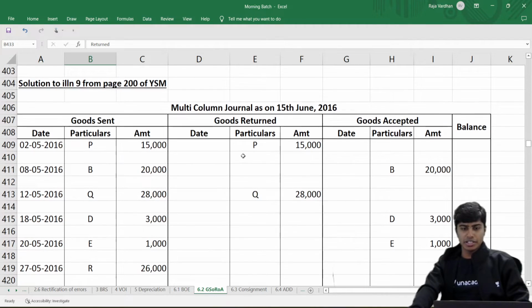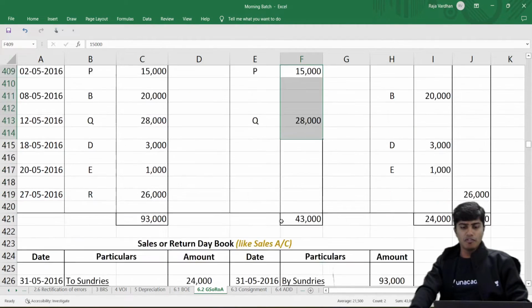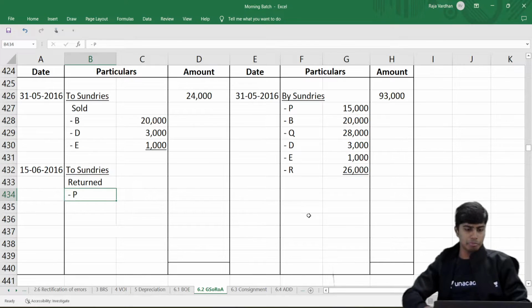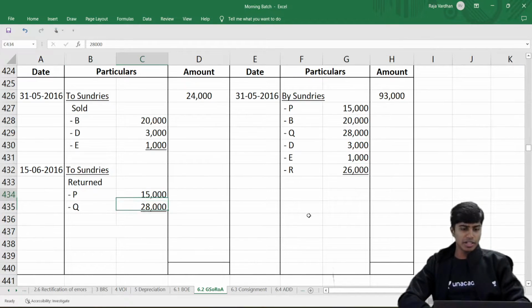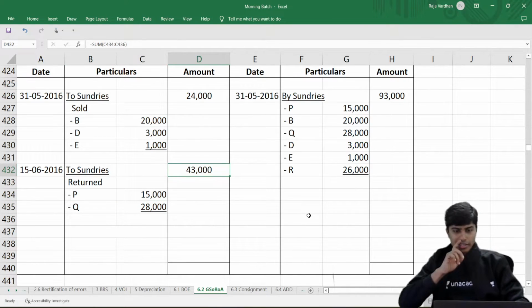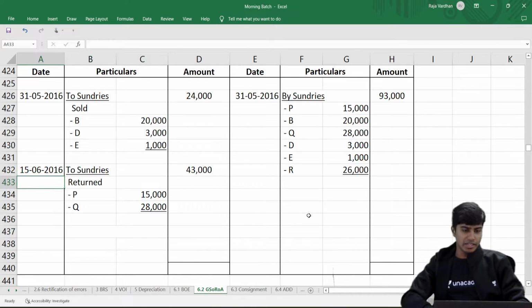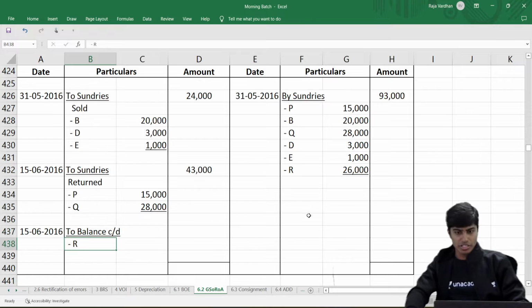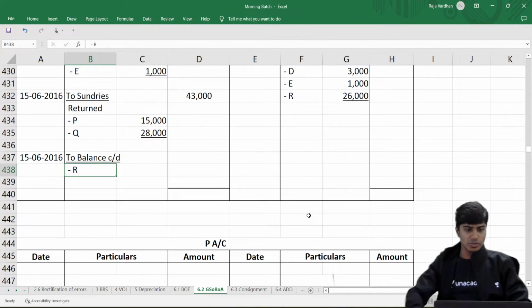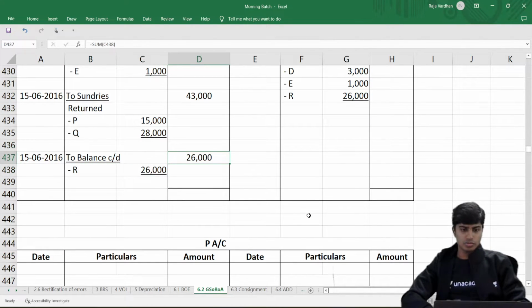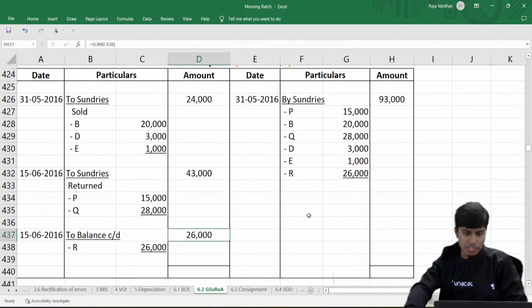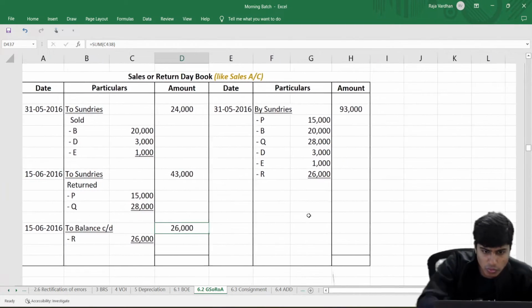How much is returned? P and Q, 15 and 28, together 43,000. And finally we are left with R balance. How much is it? 26,000. This is how your sale or return day book ledger would look.